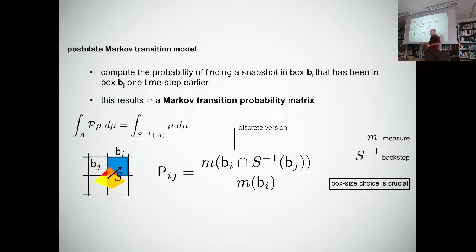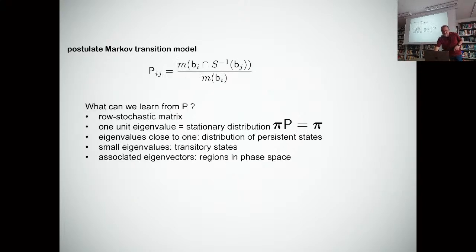So this gives us a probability of coming from a different box, from I to J, over one time step. Okay. So if you do that, this is the matrix that you end up with. And since we're only doing that over one time step, this describes a Markov chain, a Markov transition model.